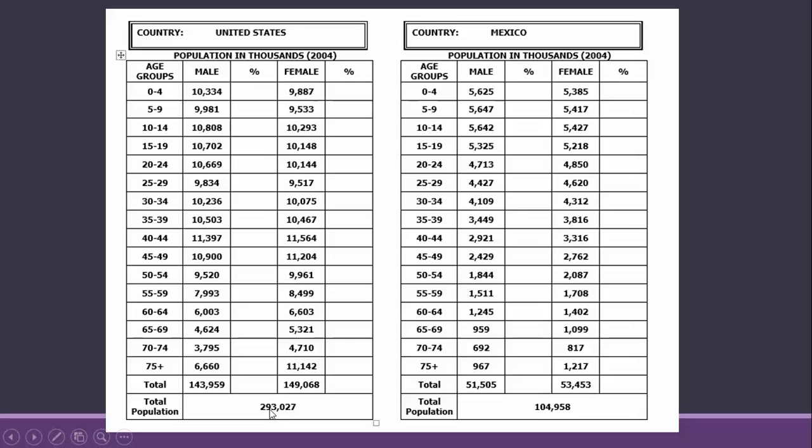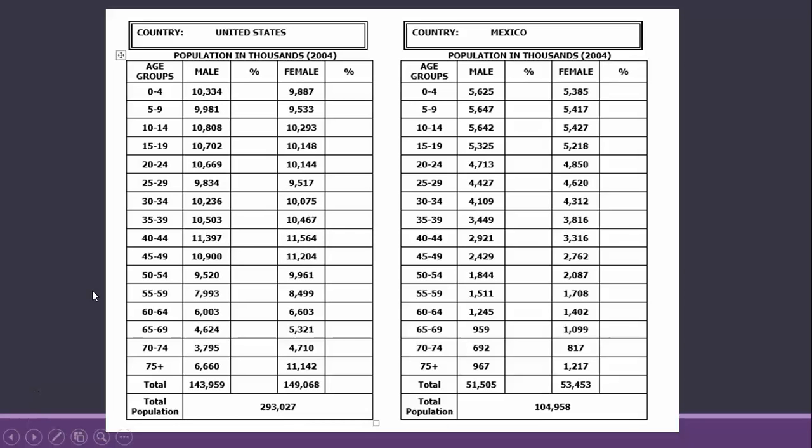So 293,027,000 people in 2004. Mexico had 104,958,000 people in 2004. So don't get confused there. It just makes your calculations a little bit easier because you can work with this more easily when you're dealing with percents.